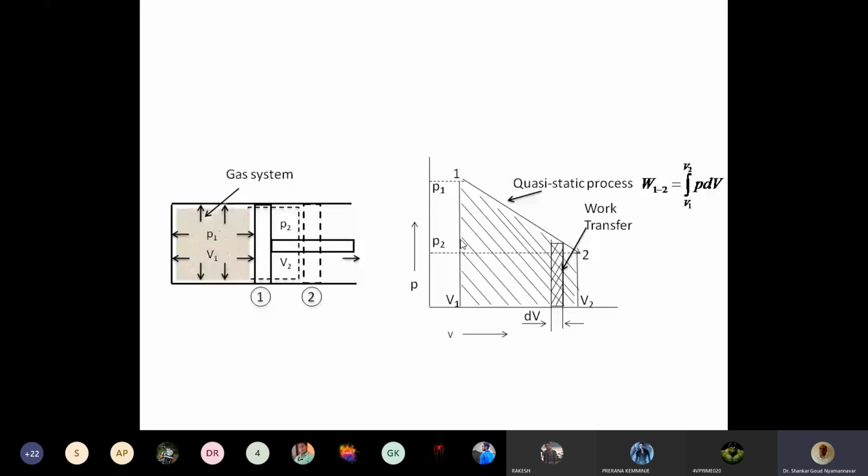Linear relation means both are linear. Either you can write Y in terms of X, or X in terms of Y. Because you are used to writing Y equal to mx plus c, therefore I'm writing P is equal to mV plus c. So if you differentiate, then dP is equal to m into dV. So that you have to substitute.